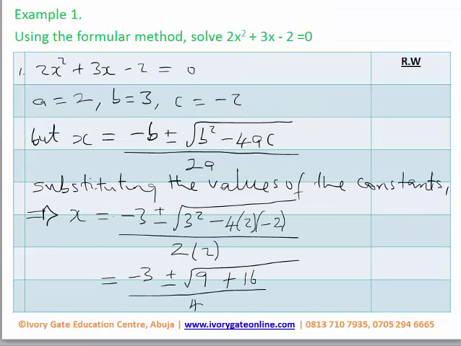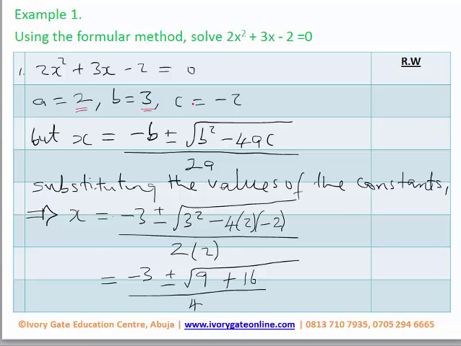Then for a typical solution, we have 2x squared plus 3x minus 2 is 0. So comparing this to the standard quadratic equation, we have the coefficient of x squared to be 2, that is a is 2, coefficient of x, which is b, is 3, then the constant is minus 2.